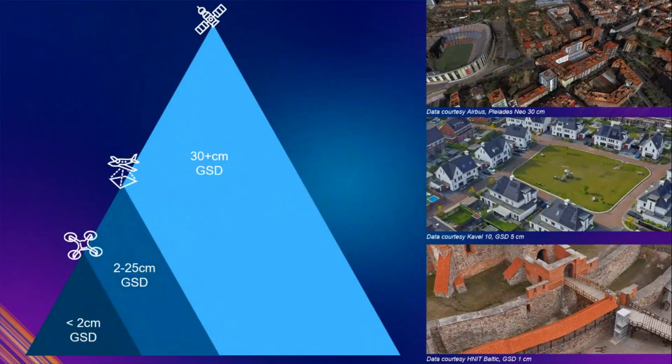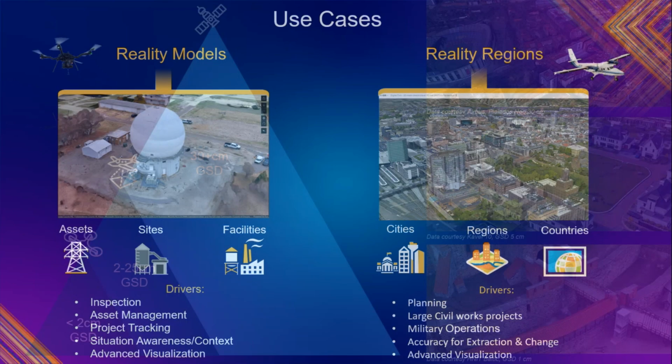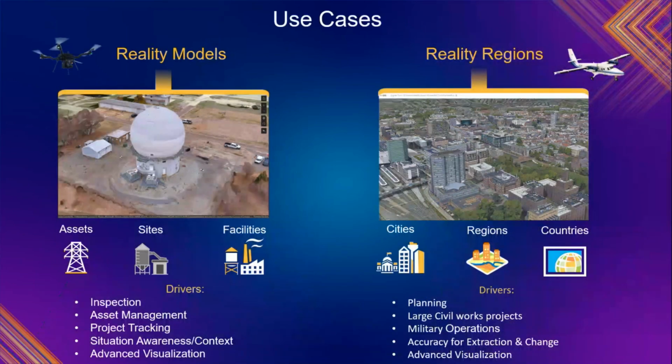So how is it actually created? Well, it can be created from satellites, planes, drones, and even higher resolution imagery. What's really good about ArcGIS with the reality products is that we support the whole range of sensors. So you see here some of those different samples. Some of this data can be, let's say, models.